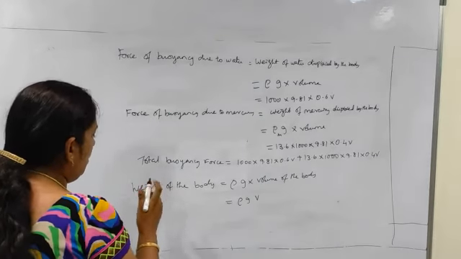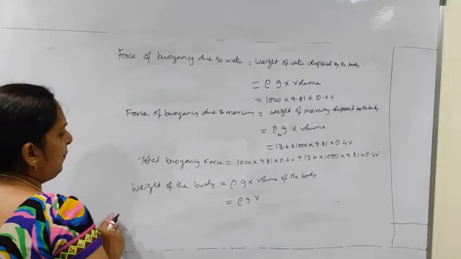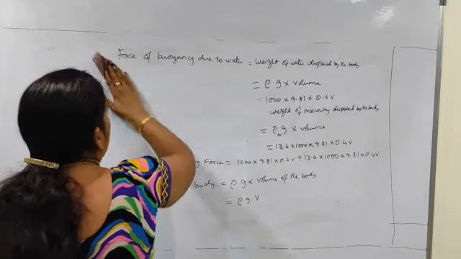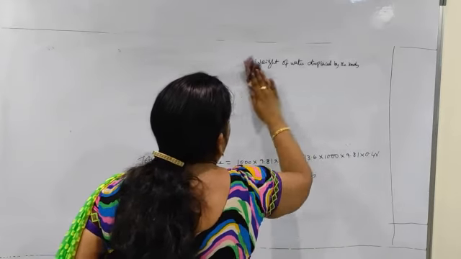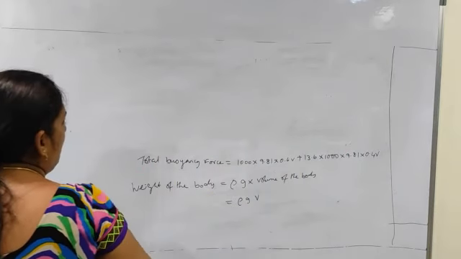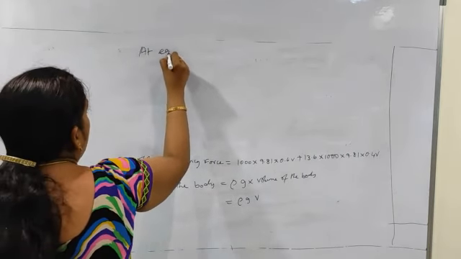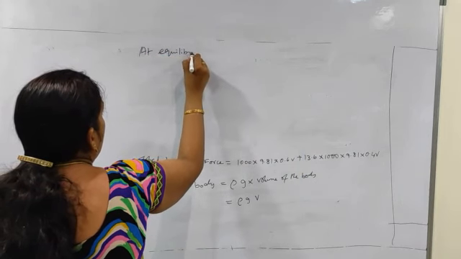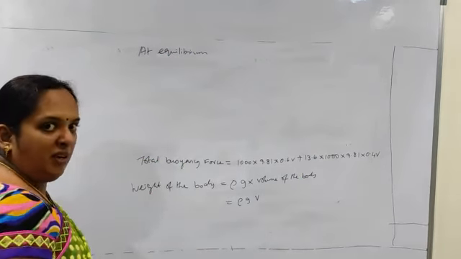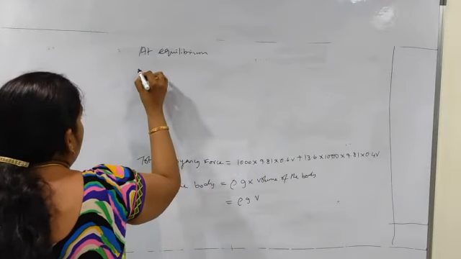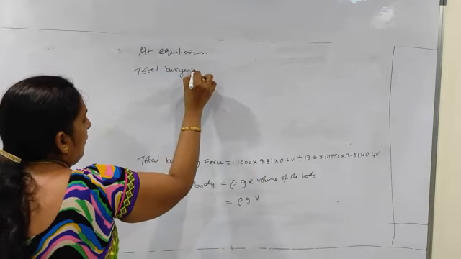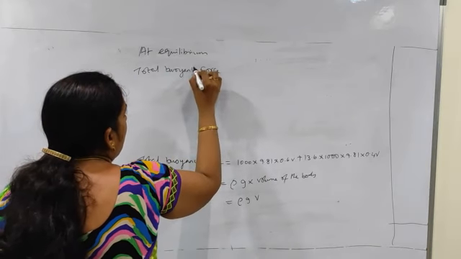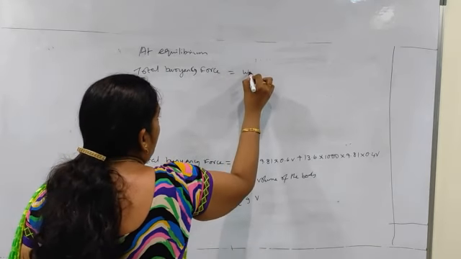Now I know very well that at the equilibrium condition, my total buoyancy force will be equal to the weight of the body. Everything is given in terms of V. Why? Because we don't know the volume, so we have given that. So total buoyancy force equals the weight of the body.